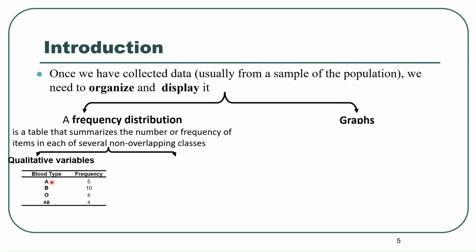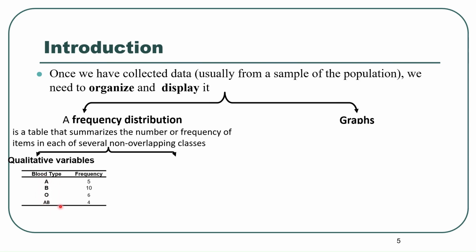Like if my variable was blood type, it is a qualitative variable, and not only that, it is measured on the nominal scale. There is no order among the different values of my blood type variable: A, B, O, and AB.